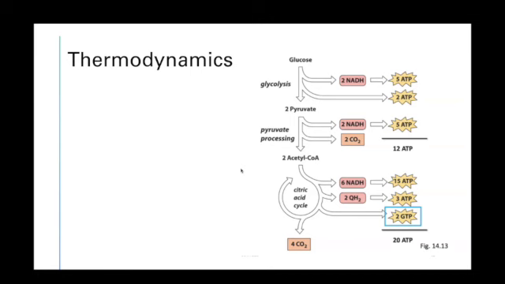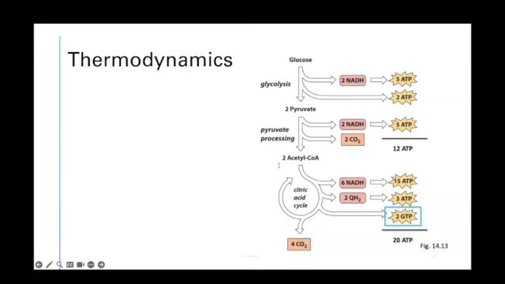And the only ATP we generate under anaerobic conditions happens during glycolysis, where we generate that 2 ATP directly. None of these other molecules will be generated. However, if we have aerobic conditions, then we can generate up to 32 molecules of ATP.